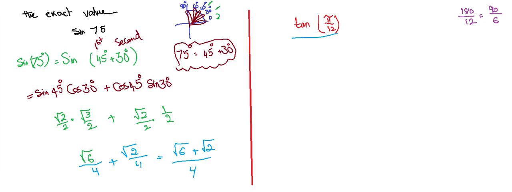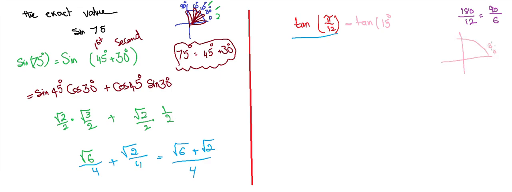If you just divide, it's going to be 15. Because it's over 3, it's going to be 30, and 30 divided again by 2 is 15. So you can keep it like this, or you can just say it's 15 degrees.